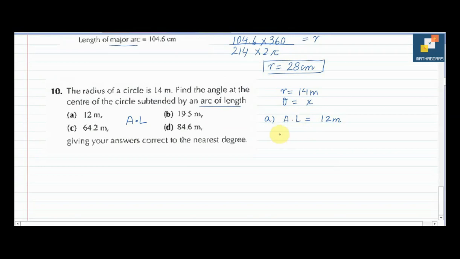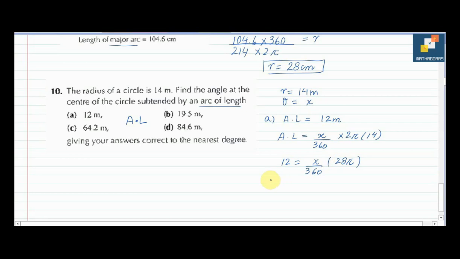Now first you need to apply the working formula. So arc length is equal to angle, now angle is x, divided by 360 multiplied by 2 pi r, r is 14. For the first part the value of arc length is 12. So 12 is equal to x divided by 360, 14 times 2 is 28 pi. Right? Now you need to make x the subject of the equation.